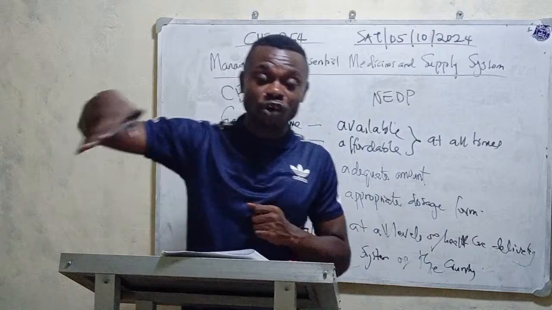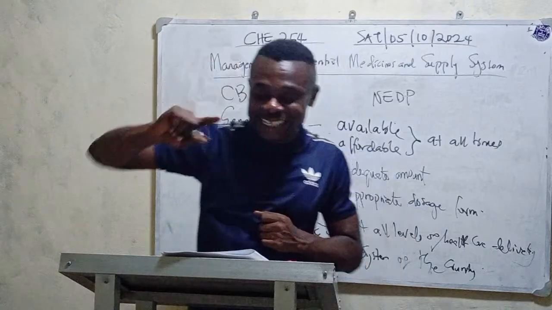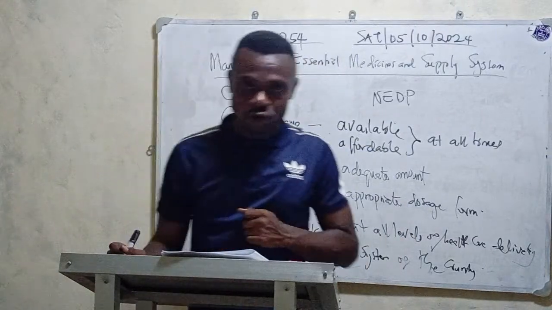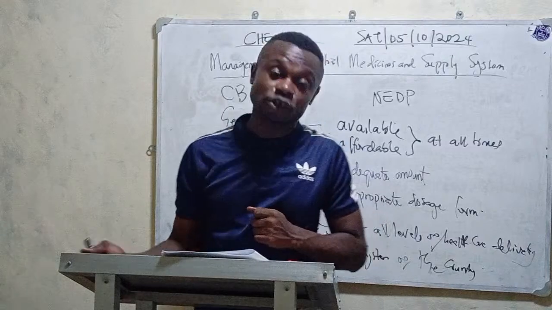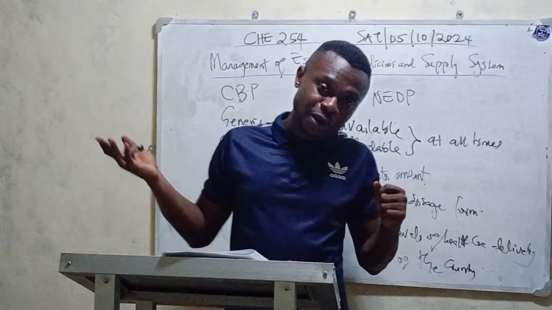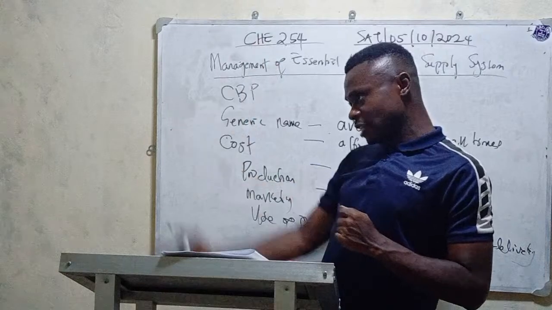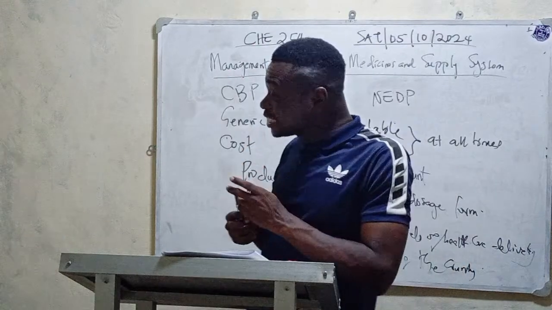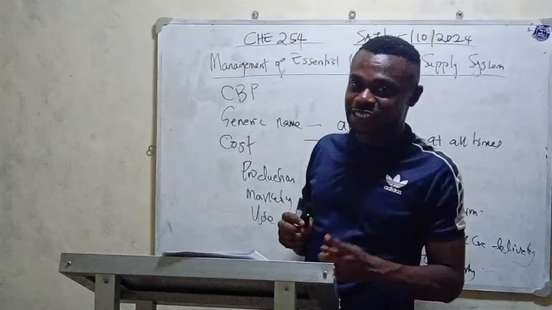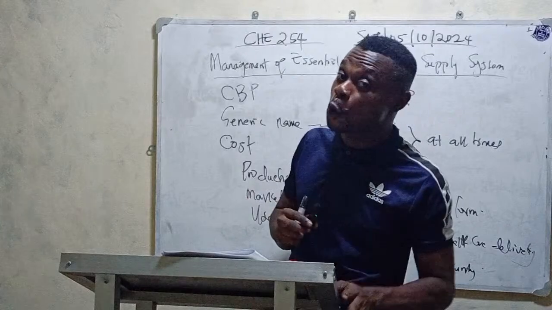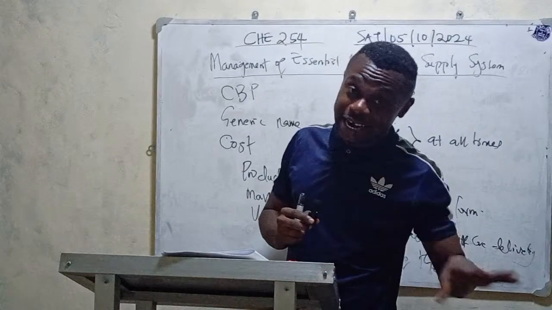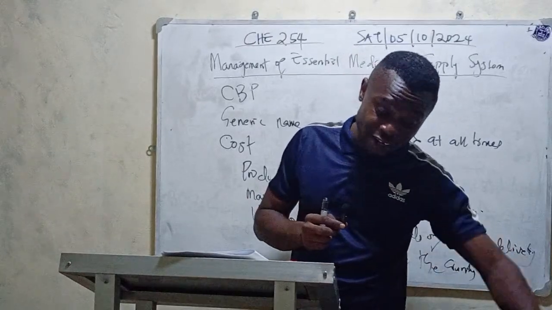So from that drug need of that population, you select essential drugs. Of course, these things are going to be prepared in an essential drug list. So you go to the essential drug list and align it. It's not all the drugs in the essential drug list you will pick. You have to localize it, find out what is happening in your locality.